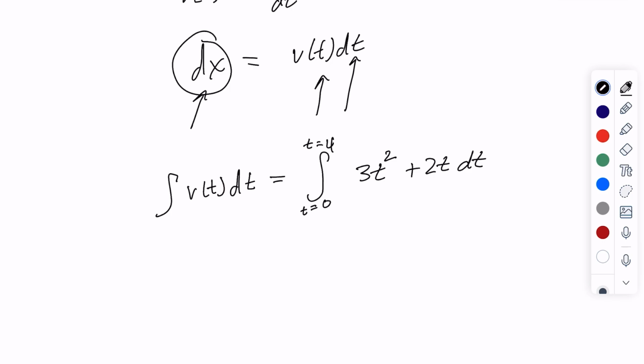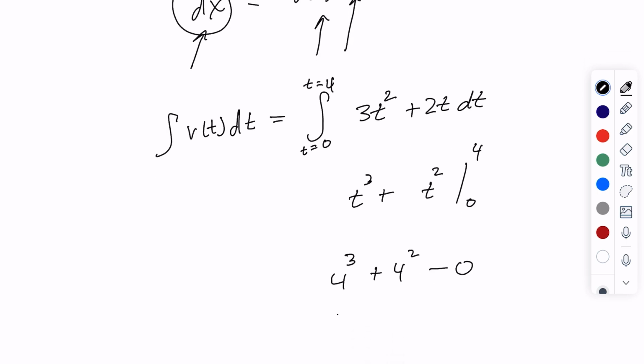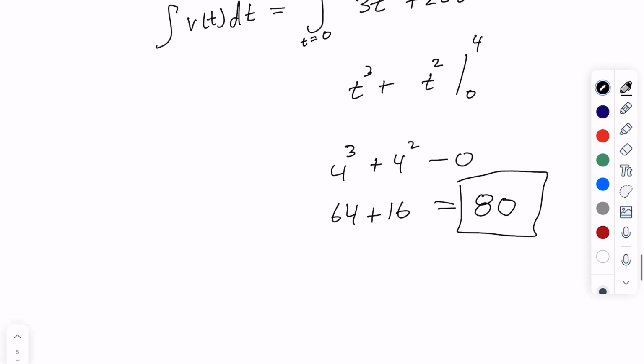And here we'll just get t cubed plus t squared from 0 to 4. So what we have then is 4 cubed plus 4 squared minus 0, and that would be 64 plus 16 equals 80. So they went 80 units of distance in 4 seconds.